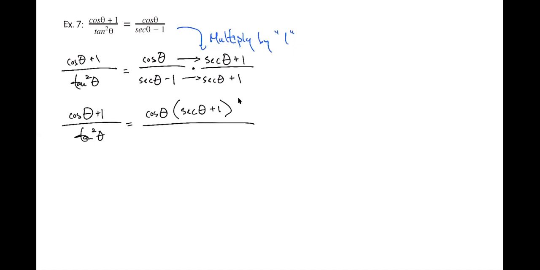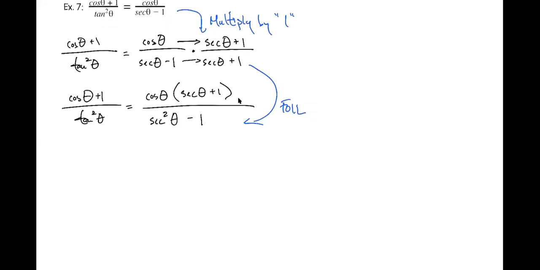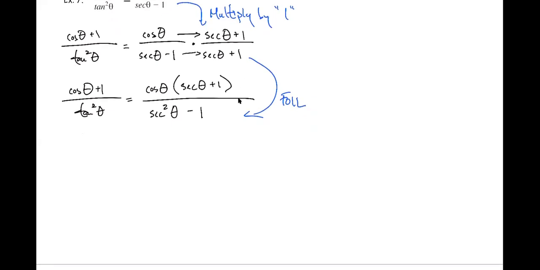If I multiply that out, I should get secant squared theta plus secant theta minus secant theta, so those go away, and then minus 1, because negative 1 times 1 is negative 1. So all we did was FOIL the bottom. Now you'll notice that I did not FOIL the top yet, and sometimes you have to and sometimes you don't, so that's why I waited. We just did one thing in one step.